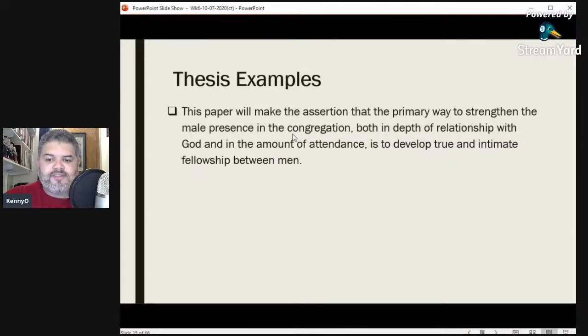And this paper basically defined what true intimate fellowship is. It defines church, what is good church attendance, what is bad church attendance. And then this paper explained what a strength in male depth of relationship would look like.